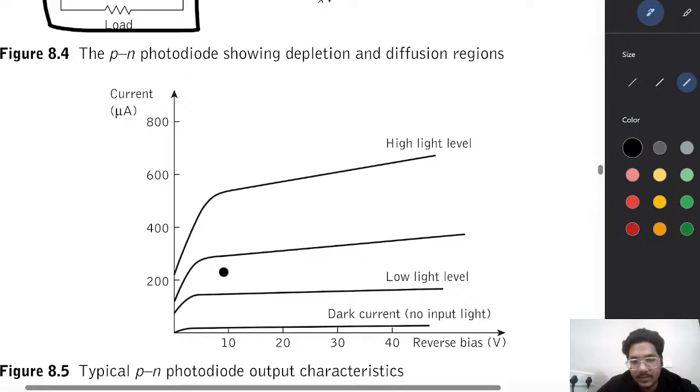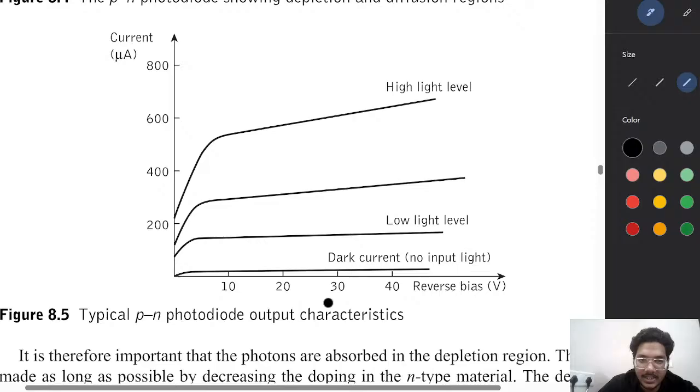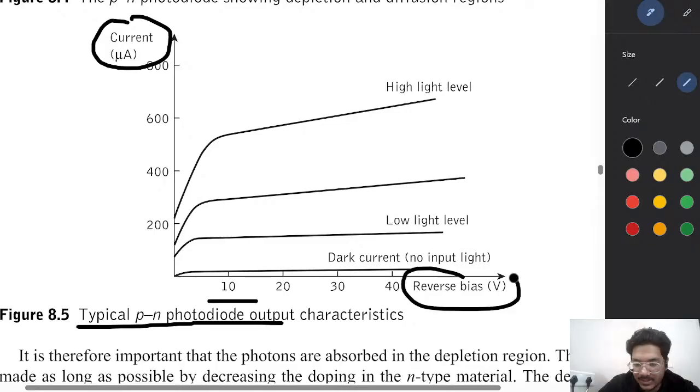Then we see the VI characteristic. The output characteristic graph of a PN photodiode has current on this axis and reverse bias voltage on this axis.